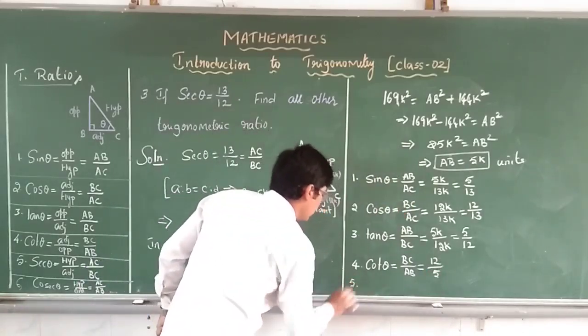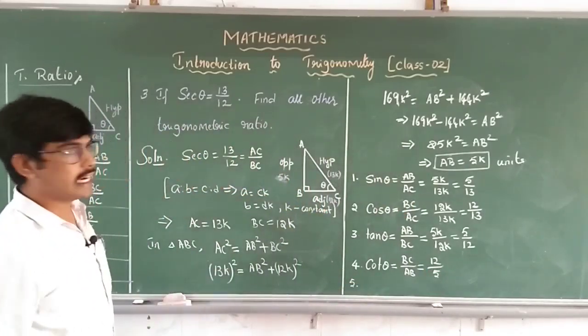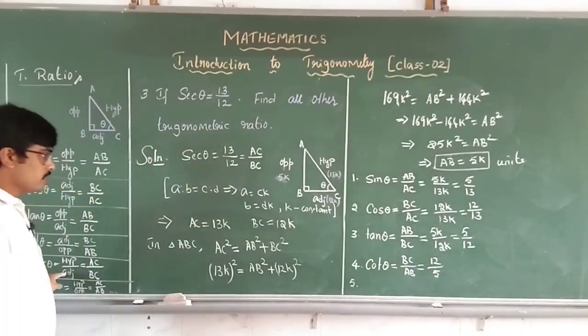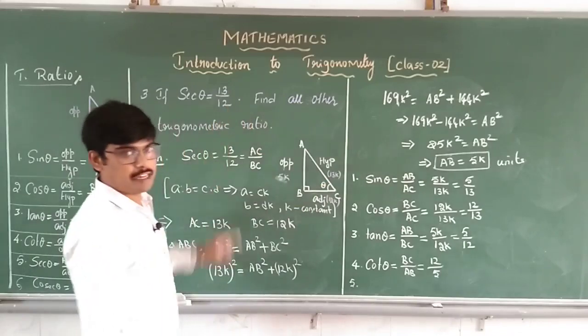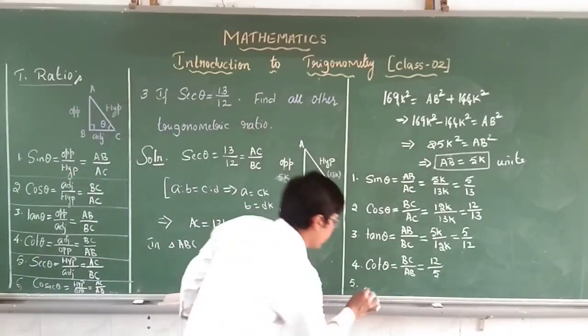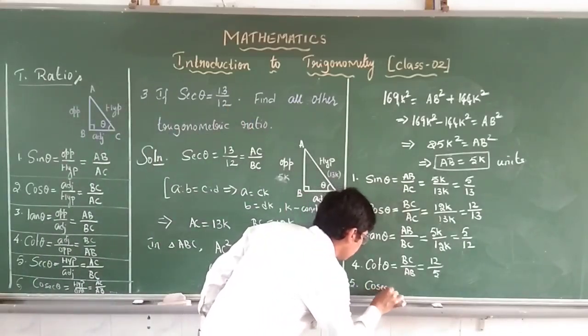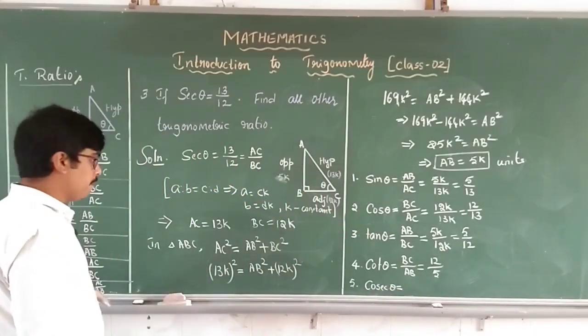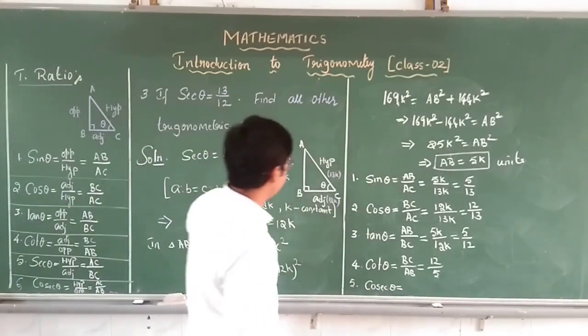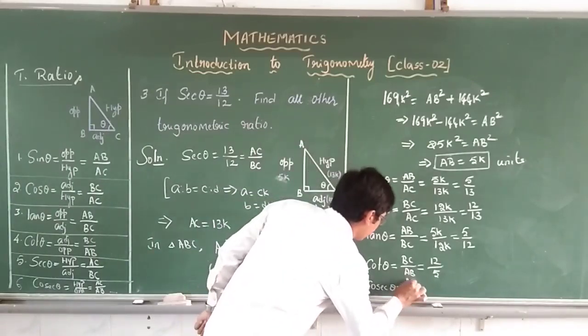Fifth one, already we defined secant. Secant is hypotenuse to adjacent, 13k by 12k, that is 13 by 12, same as given. Now we can take cosecant of theta. What is cosecant? Reciprocal of sine, or hypotenuse by opposite, that is AC by AB.